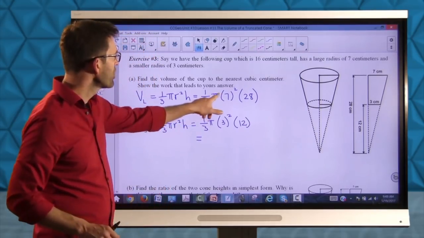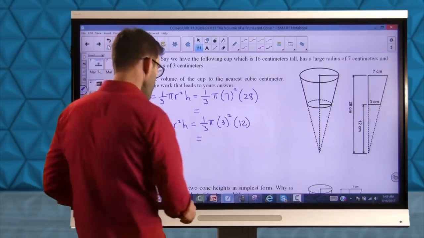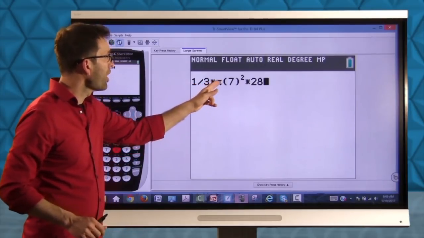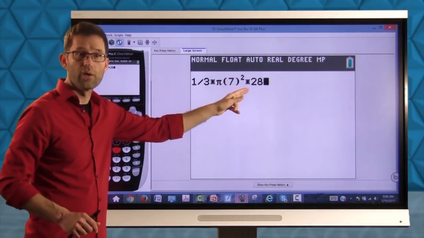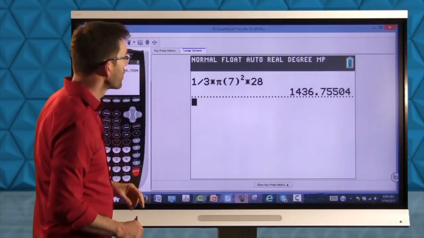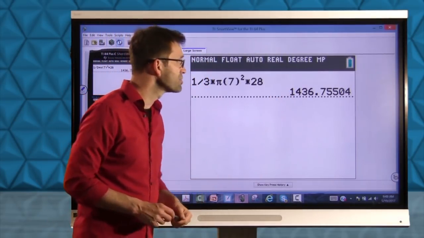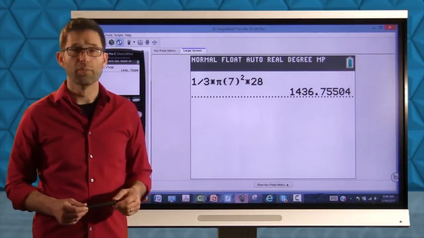So why don't we do the 1/3 pi times 7 squared times 28. Again, we just have to be careful. 1/3, we don't even have to put the times symbol there, but I'm going to put it there anyway. 1/3 times pi times 7 squared times 28. All right, so we've got the 1/3 pi, the 7 was our radius, squared times 28, and we're going to get an awfully large number, 1,436.8 cubic centimeters.